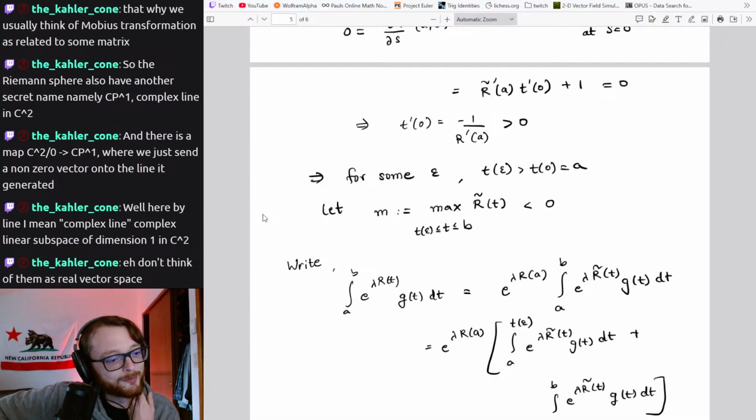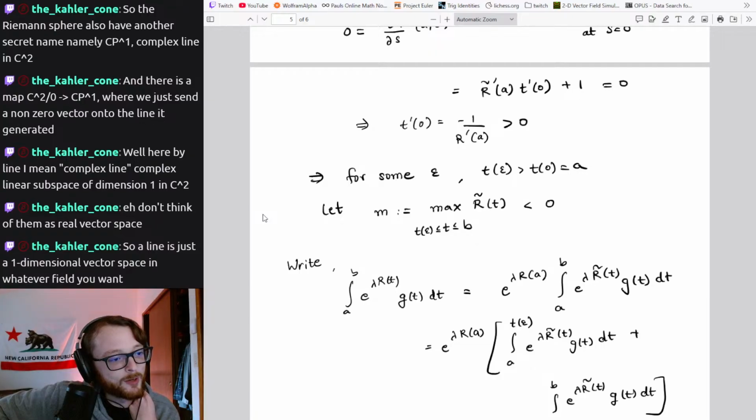Don't think of them as real vector spaces. Sure, what's the difference between C and CP? Now that I think about it, C is just regular old complex numbers.